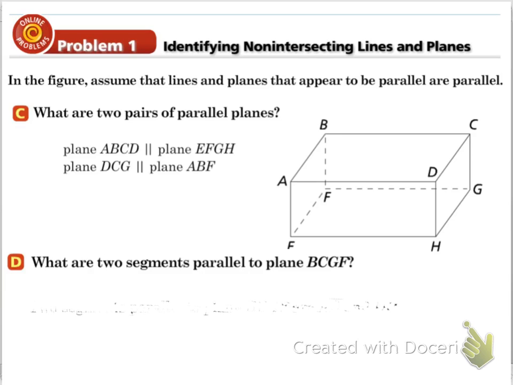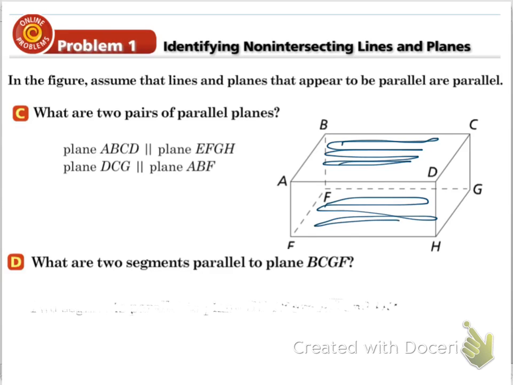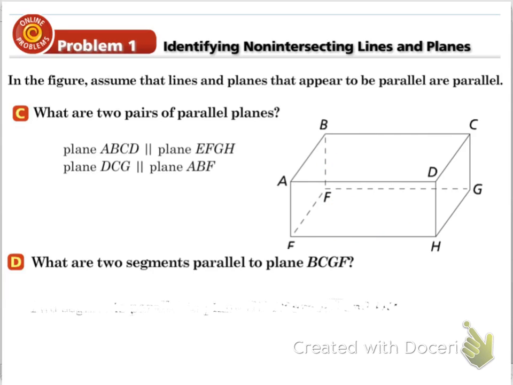So that's going to be the top of the box. And EFGH, that's the bottom of the box. Those planes are parallel. And of course, the ones that I've identified on the side is DCG. So this is on the side here. And ABF. Those two planes are parallel.